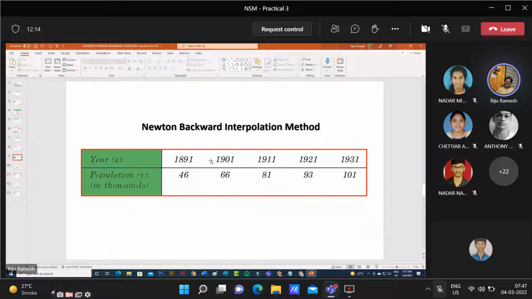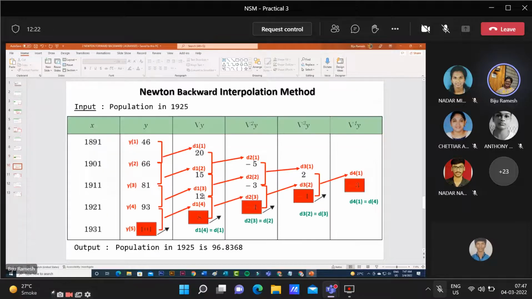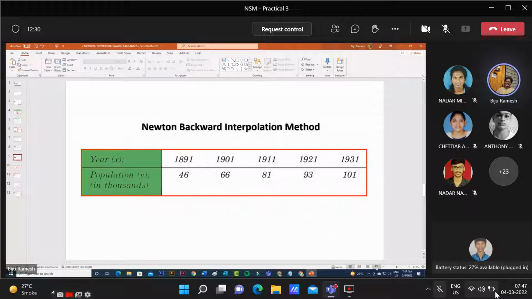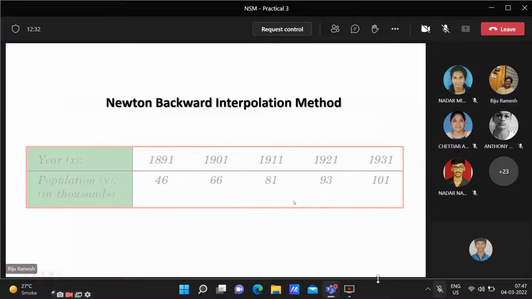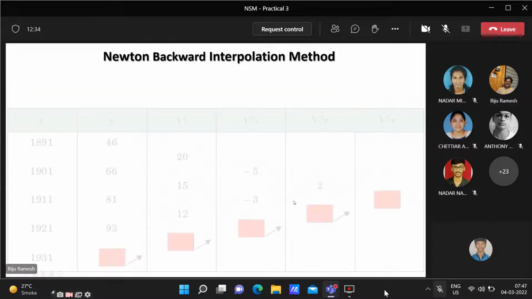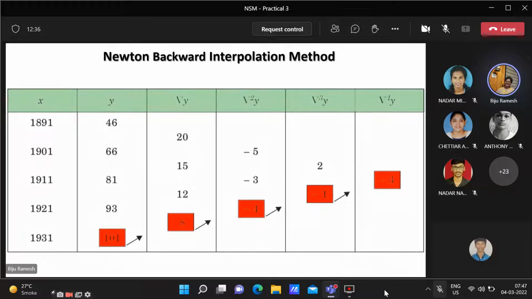Now, this is the example we'll be taking. Okay, so you have the year and the population is being given. Using the formula, we'll find for some population. For the year 1925, we have to find the population. This is the table that we have, the actual table.